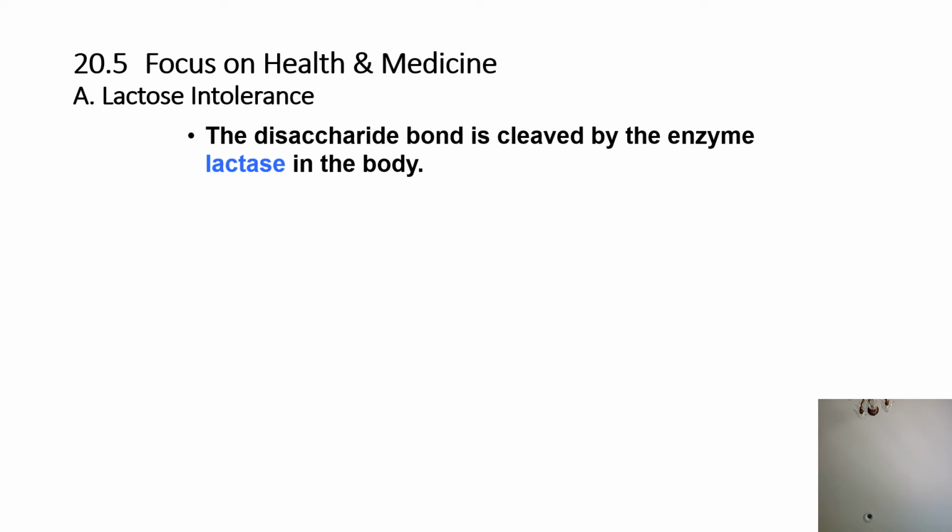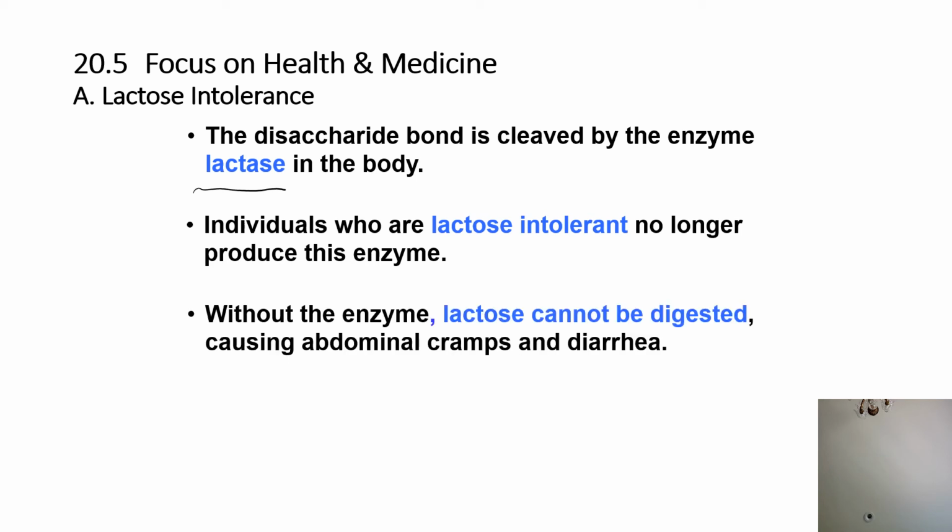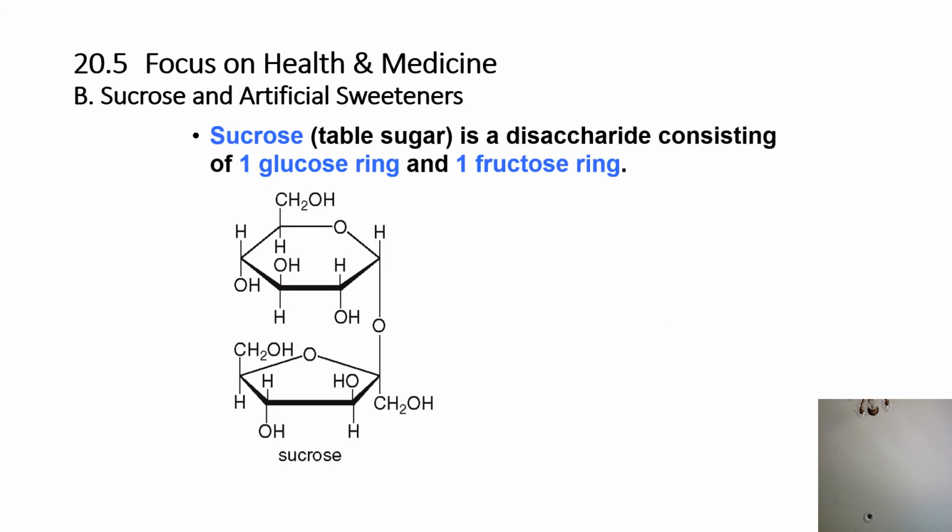And that enzyme is called lactase. So those individuals who are lactose intolerant do not produce that enzyme and therefore cannot digest lactose. And this causes some unpleasant symptoms. There are medications that they can take that allow them to eat dairy products.